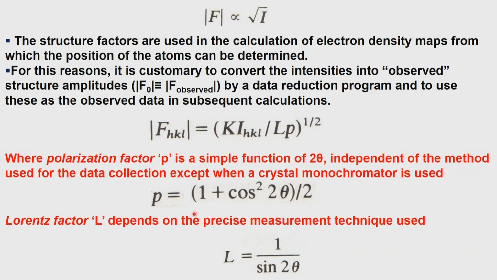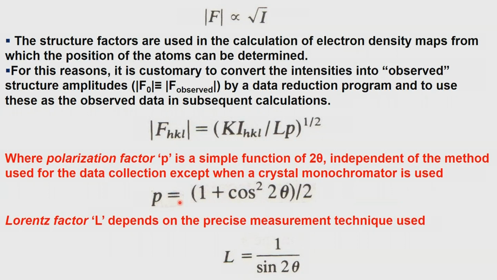The factor L depends upon the way in which we measure the data. Remember, we have this problem of the reciprocal lattice rotating with the crystal, and the origin is somewhere at some central point, and as you go in the reciprocal space to higher and higher angles, the amount of time spent differs. The way in which diffraction occurs is that a particular point will intersect with the Ewald sphere.